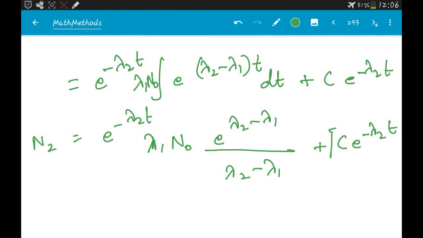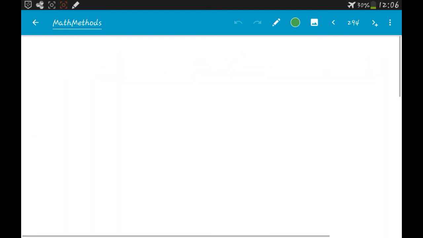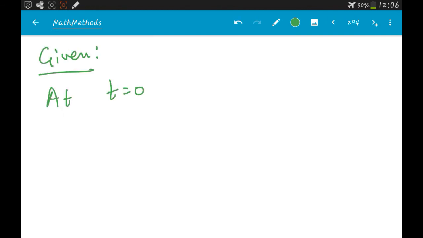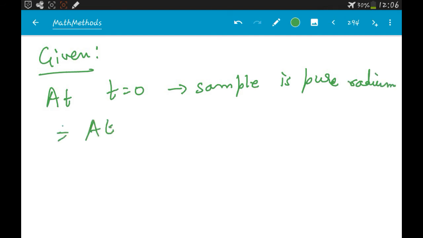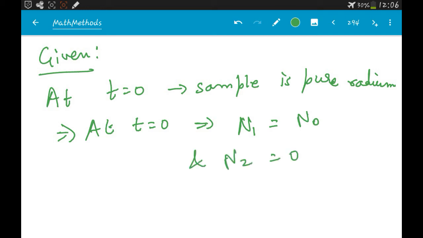Now we still have to find the integration constant. It is given that at t equal to 0 the sample is pure radium, which means that at t equal to 0, N1 is N naught and N2 is 0, because there is no N2, there is no radon.